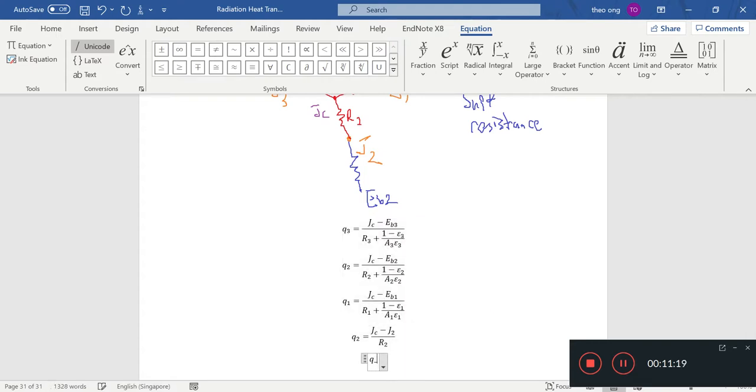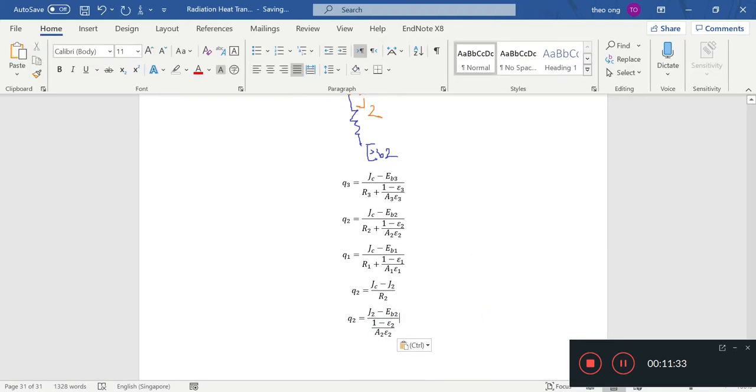So Q2 also equals J2 minus EB2 divided by the surface resistance, which is this. Now what are the unknowns? J2, JC, Q1, Q2, and Q3.